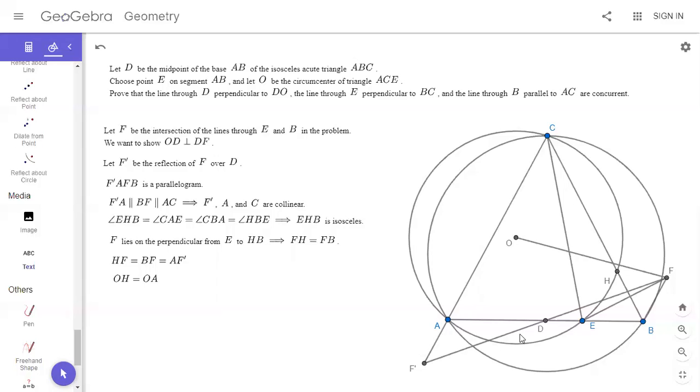Okay, and then can we show the angle? The rest kind of looks like an angle chase, right? I think we want to show that angle FHO is equal to angle F prime AO. Yes, we want to show those two are equal.